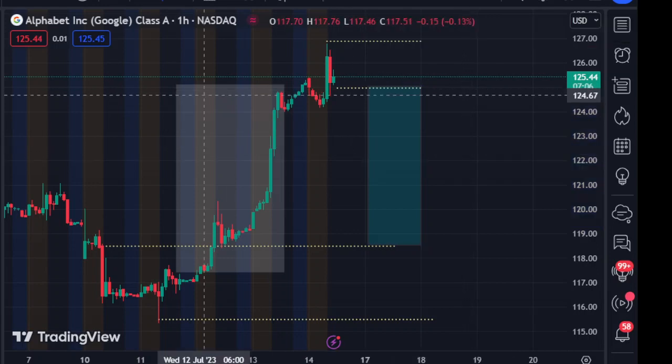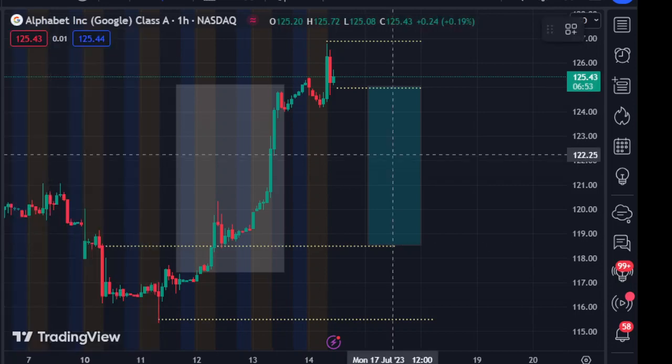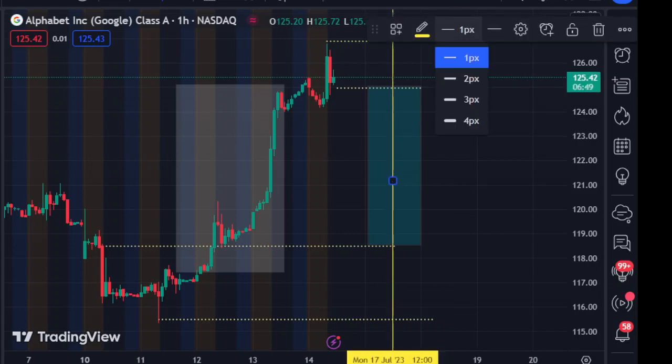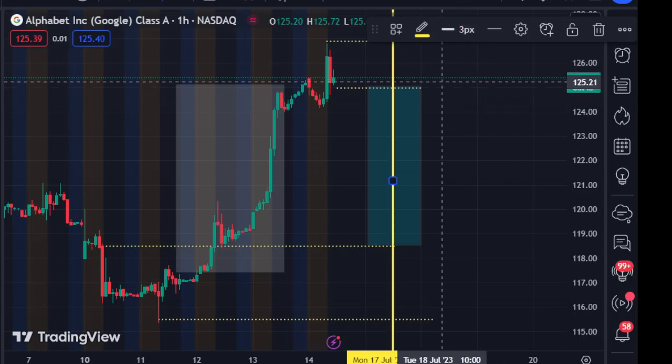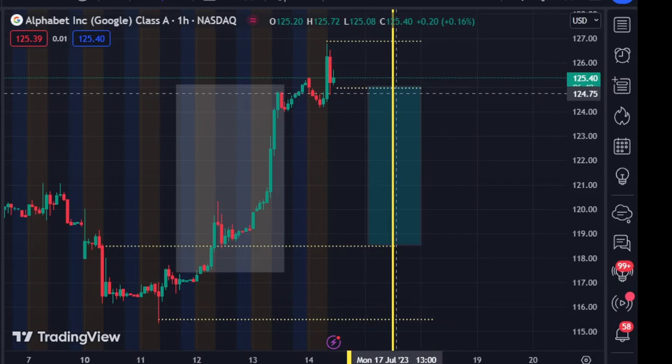Okay, so that's there, and then let me draw a vertical line, something like right here.